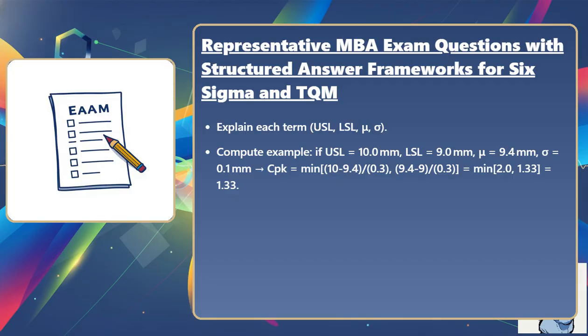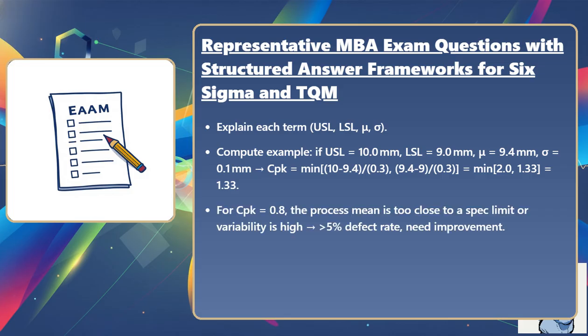Compute example: if USL equals 10.0 millimeters, LSL equals 9.0 millimeters, mu equals 9.4 millimeters, sigma equals 0.1 millimeters, then Cpk equals the minimum of (10 minus 9.4) divided by 0.3, (9.4 minus 9) divided by 0.3, which is the minimum of 2.0 and 1.33, equals 1.33.